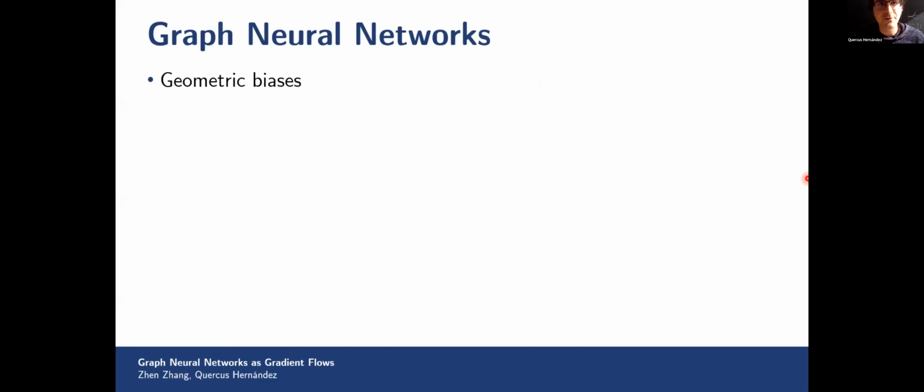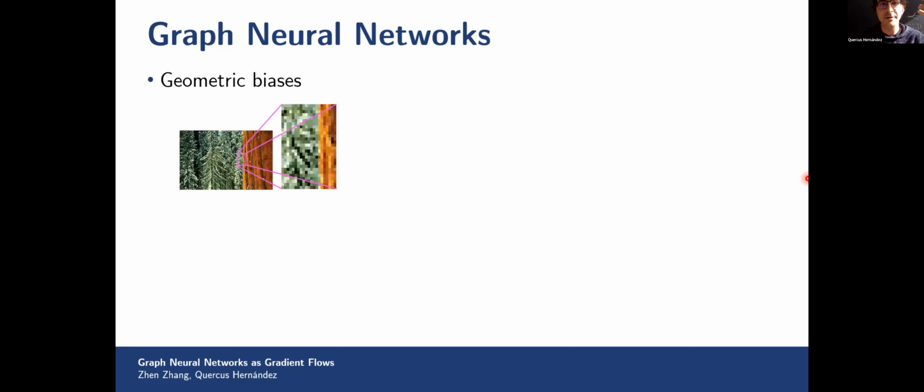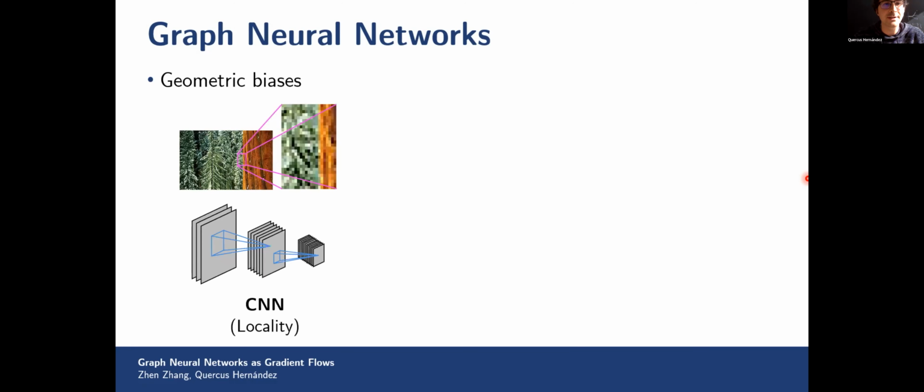Okay, so first of all, let's introduce graph neural networks through the key concept of geometric biases. Most likely when you are engineering a solution in deep learning, you must take into account the data structure. For example, if you have images, the correct way to process them, as we already know, is convolutional neural networks, because they are especially engineered to exploit the locality of the features.